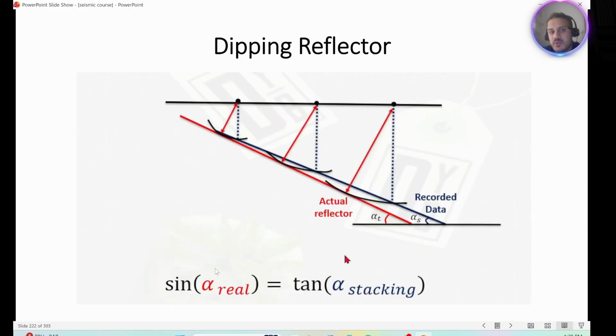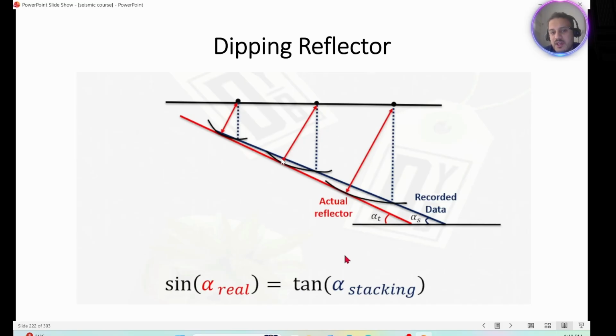So this is the explanation case. We have the dipping reflections. This is the normal case. This is the actual reflector. We have the surface, and these are the receivers. So when the reflections come from this direction, it will assume on the receiver that these reflections come from a vertical line beneath the receiver.